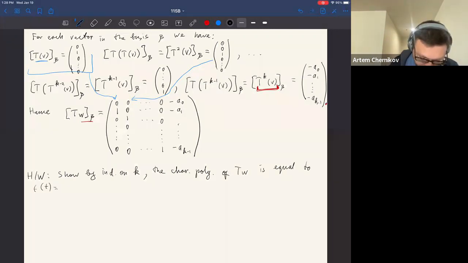So we have f of t, and then we have minus 1 to the power k, a0 plus a1 t plus etc. plus a k minus 1 t to the k minus 1 plus t to the k. Okay.